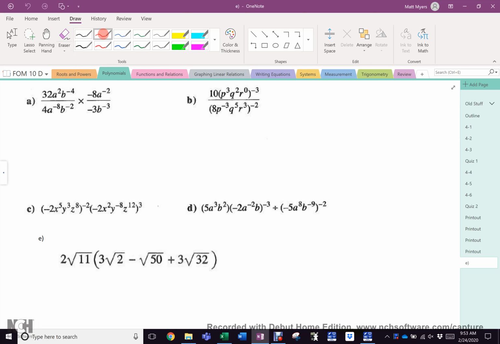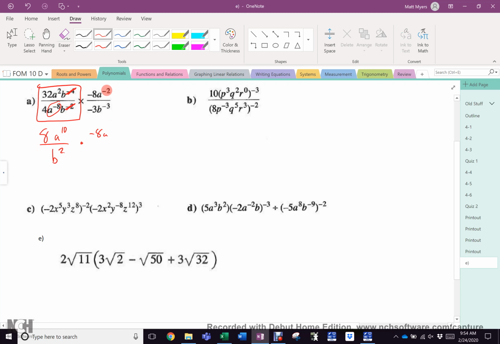So, of course, I would simplify there first. 32 divided by 4 is 8. That a to the negative 8 is going to go up there to get a to the 10th. And those are going to cancel, and those are going to cancel, leaving you with what? Negative 2 if you just cancel, which means you got to move it down here, times negative 8a.